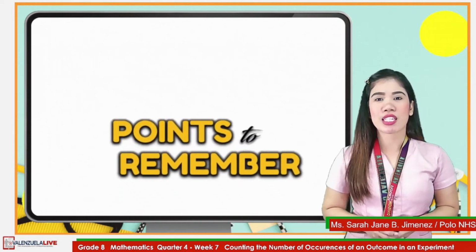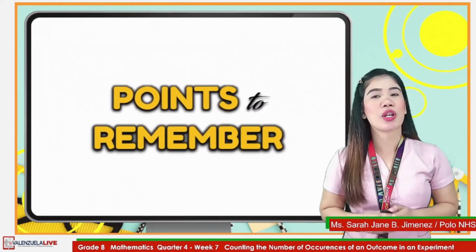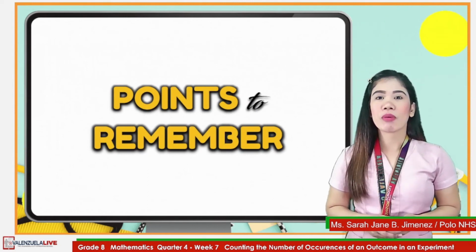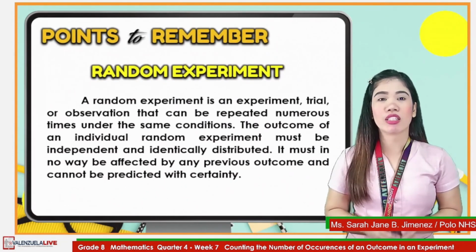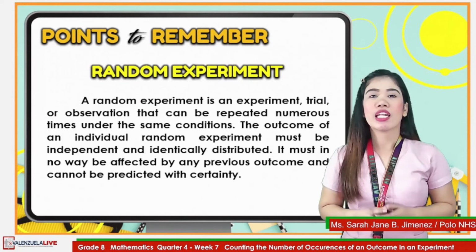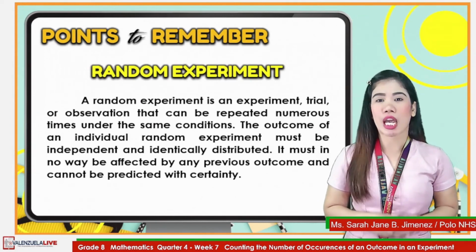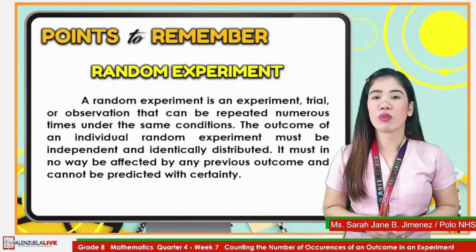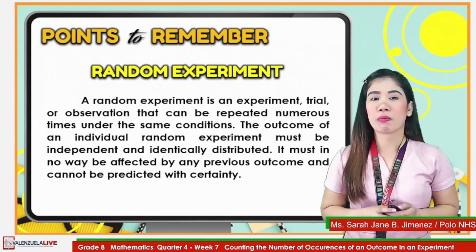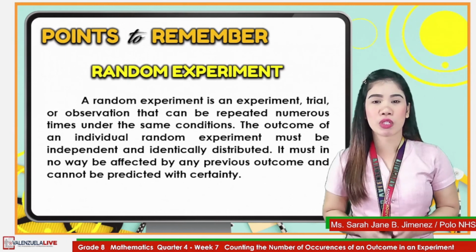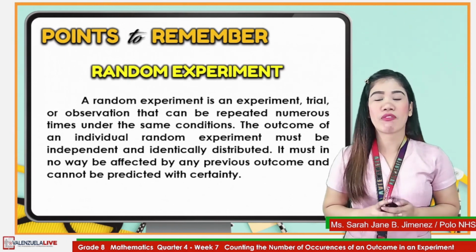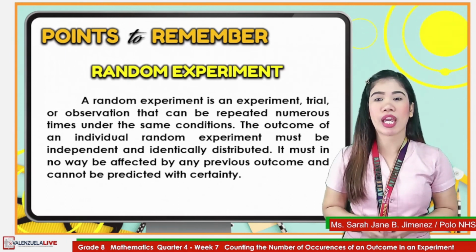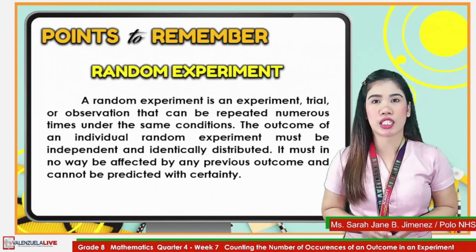To sum up today's lesson, here are some points to remember. A random experiment is an experiment, trial, or observation that can be repeated numerous times under the same conditions. The outcome of an individual random experiment must be independent and identically distributed. It must in no way be affected by any previous outcome and cannot be predicted with certainty.